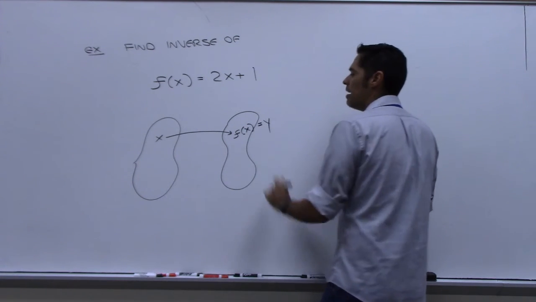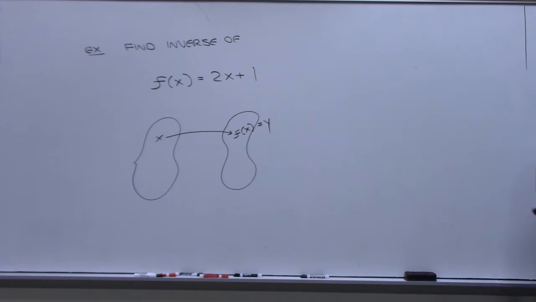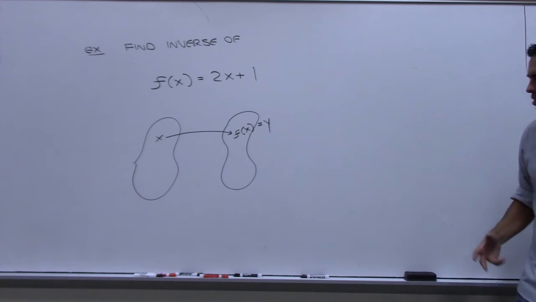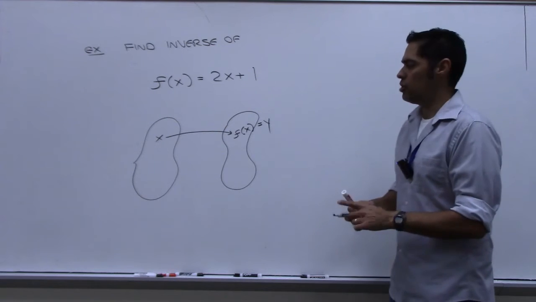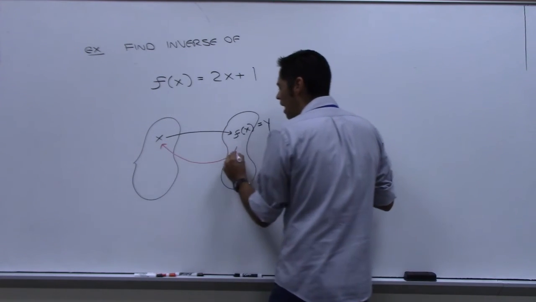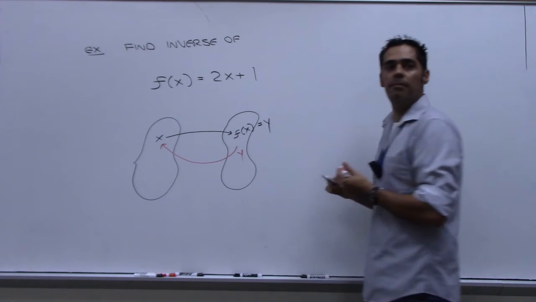And we've always looked at that as being the y value, correct? X goes in, y comes out. What we need to be able to do is find a function that takes y and sends it back to what? X.